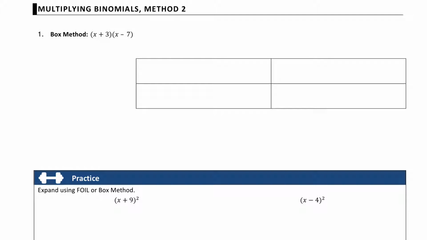With this method, we look at our first variable and second variable and put them on top of the box, or we can put it vertically or horizontally, it doesn't matter, we just have to do the opposite to the other binomial. For the other binomial, I will put the first term here and the negative second term over here. Just make sure that if you have a negative, you put the negative here, and then you should be set.